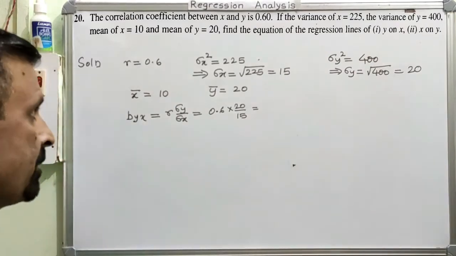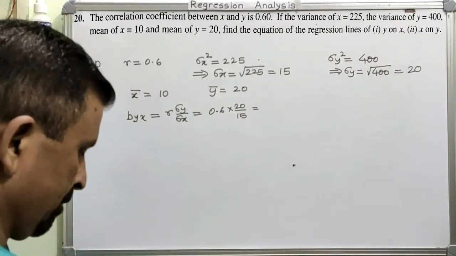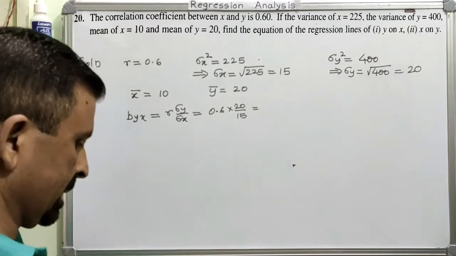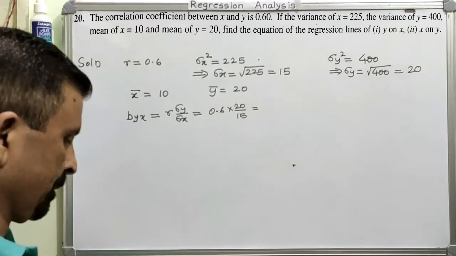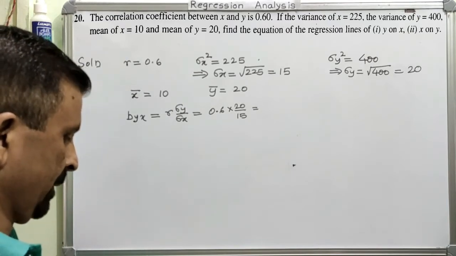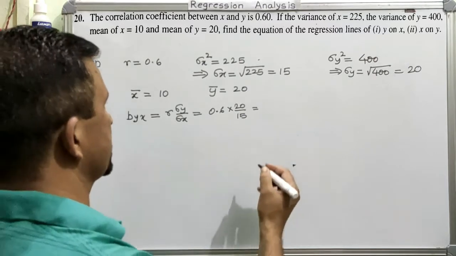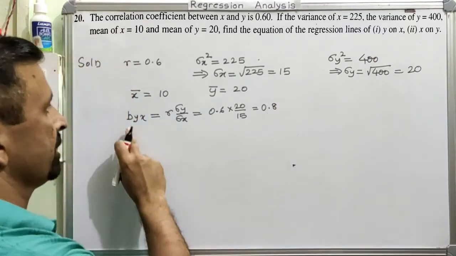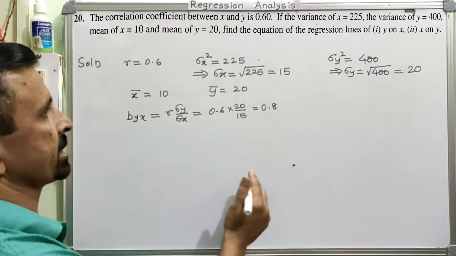So let us find the value of this: 0.6 into 20 divided by 15. So it is coming 0.8. This is the regression coefficient of y on x.